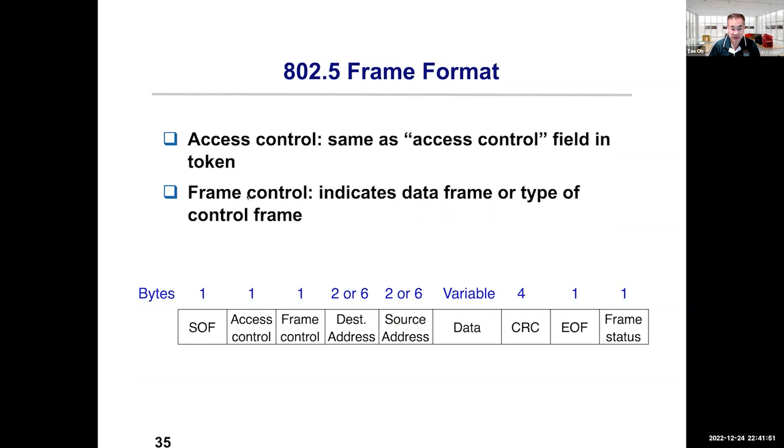There is the destination MAC address and the source MAC address. Here is the data, which is variable, I think 0 to 1500 bytes. The CRC checks whether there is any error in the frame. Then there is the end of the frame and the frame status.